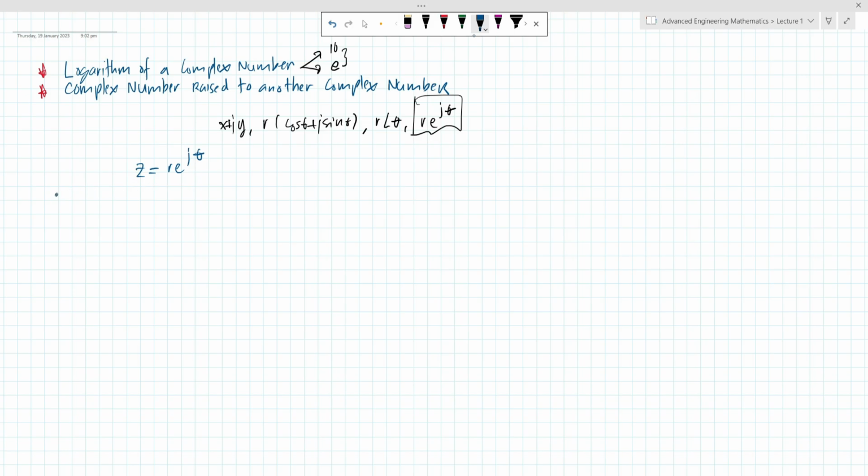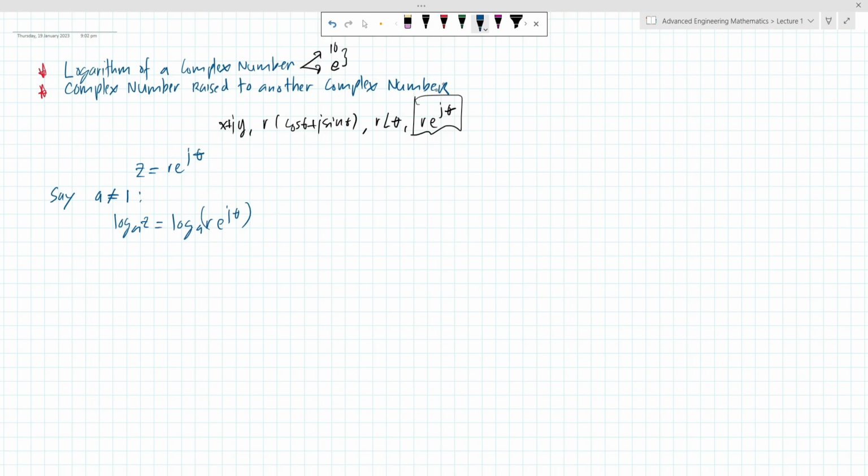Let's say we have a base a, not equal to 1 and positive. Let's take the logarithm of both sides with base a. So log of z to the base a is equal to the log of r e raised to j theta, to the base a.